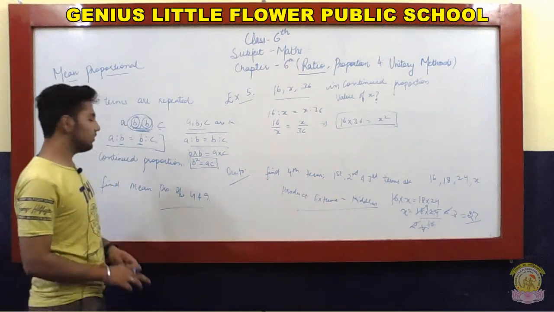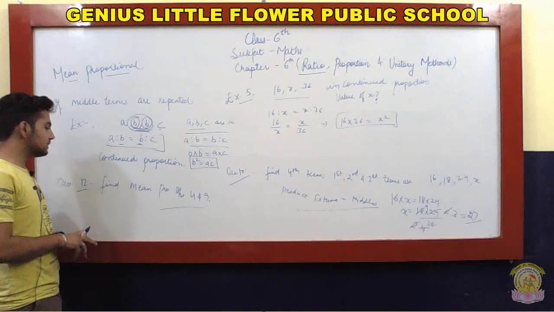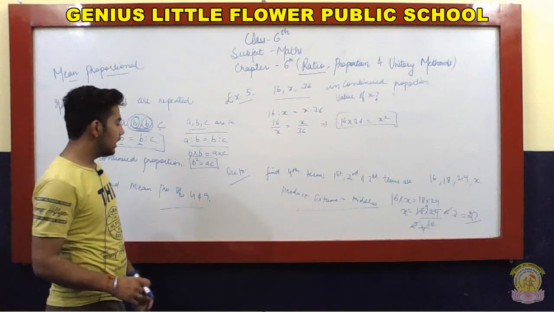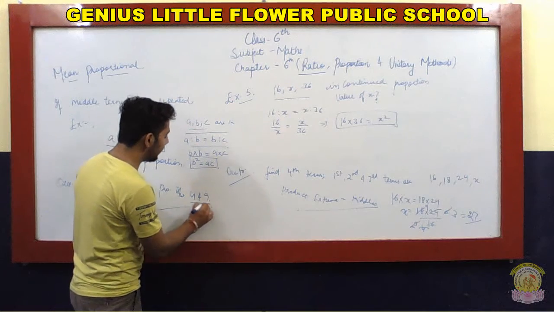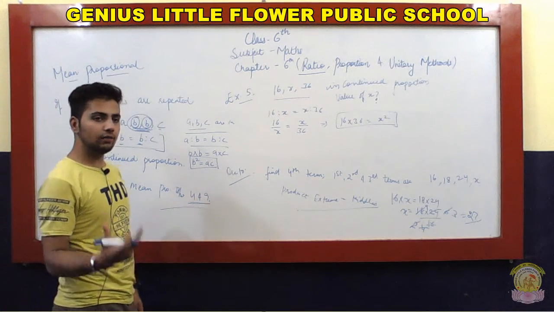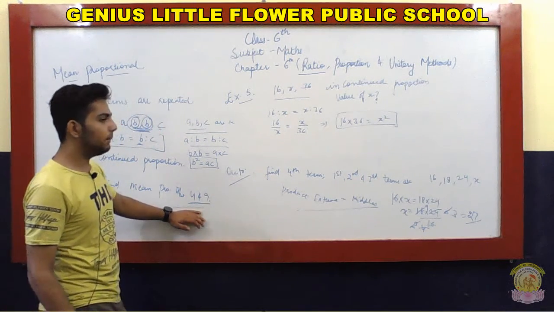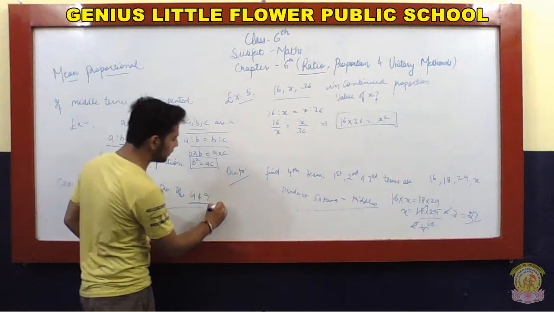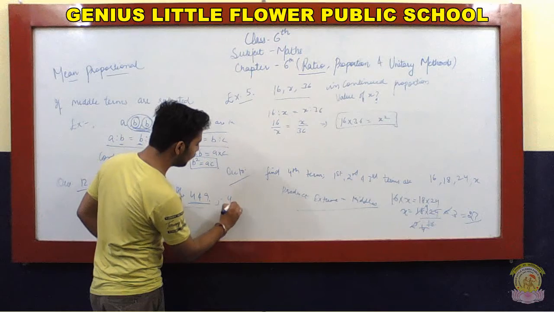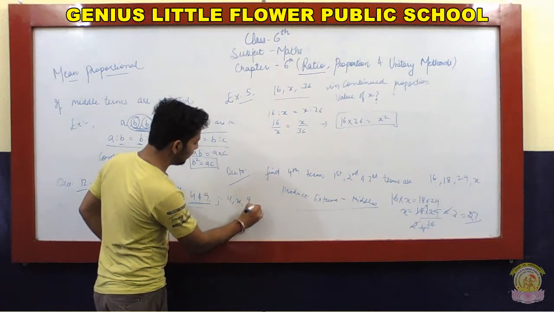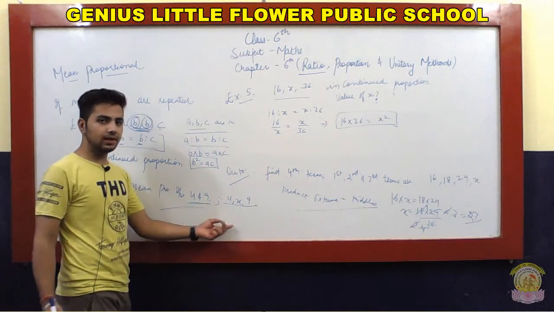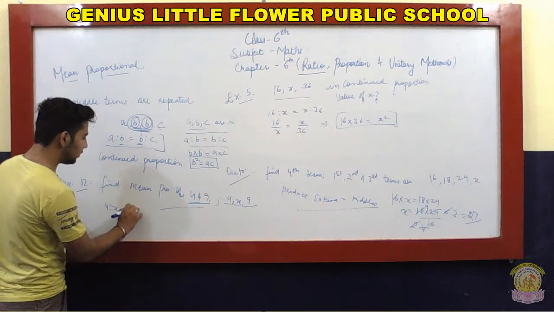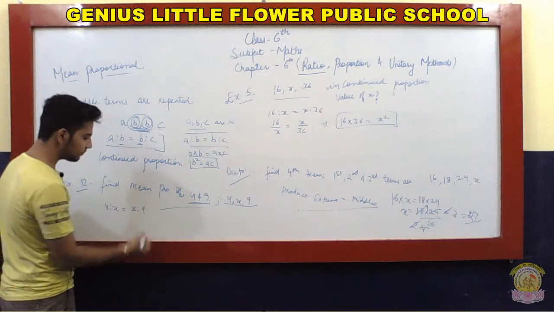Now the last question of this exercise we are going to solve is: find the mean proportion between 4 and 9. Here you are given 4 and 9. The middle one is not given to you, so let that be x. So what is the continued proportion? We can write 4, x and 9. We represent this as 4 ratio x is equal to x ratio 9.